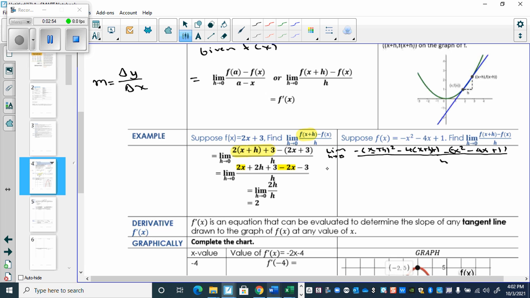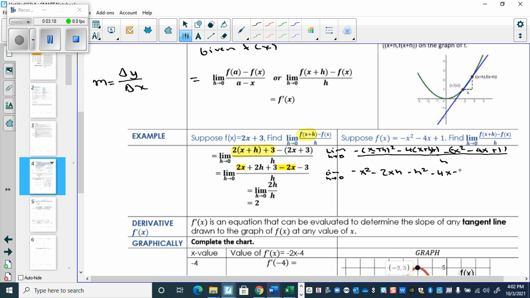I'm going to simplify the limit as h goes to 0. And right here, I get a negative x squared minus 2xh minus h squared. Here I get a negative 4x.